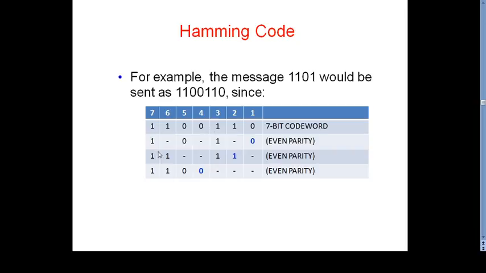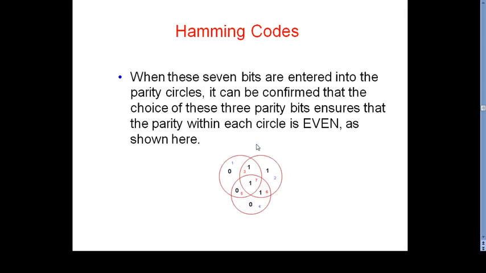So here we will explain how the even parity is maintained. When these bits are entered into the parity circles, it can be confirmed that the choice of the 3 parity bits ensures that the parity within each circle is even, as shown here.